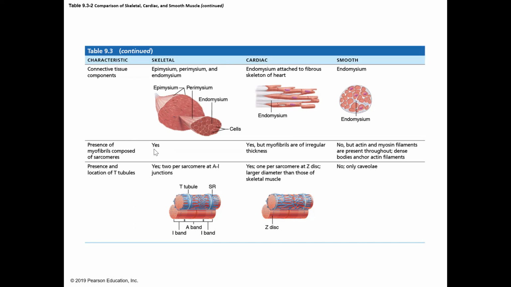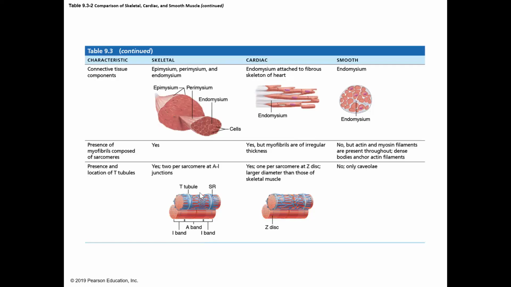Sarcomere, again, is the functional unit from one Z disc to another Z disc. So for skeletal, yes, you have these sarcomere regions from one Z disc to another Z disc. Same for cardiac. For smooth, it says no, but you still have the proteins, actin and myosin, involved for the muscle to contract.